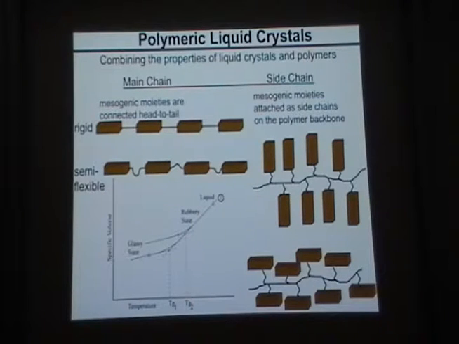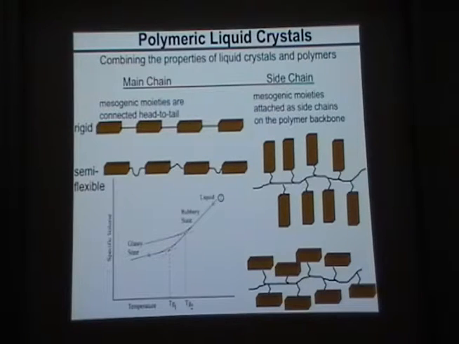So when the mesogenic units of polymers have strongly anisotropic shape, rod-like or disc-like, you again expect the liquid crystal phase behavior.